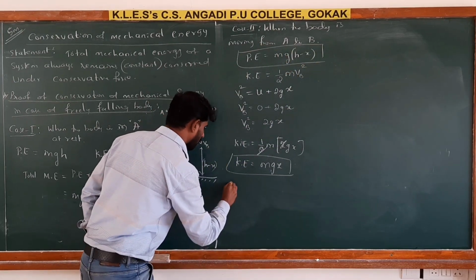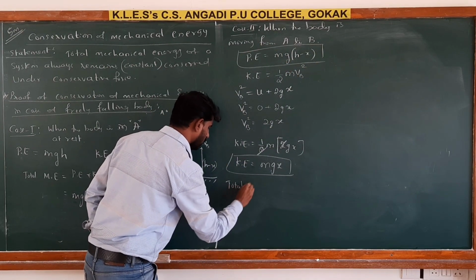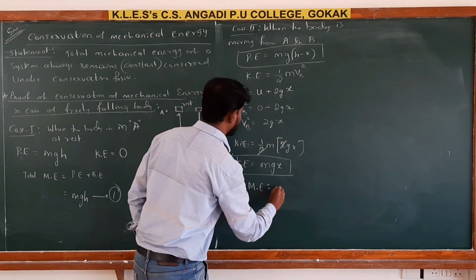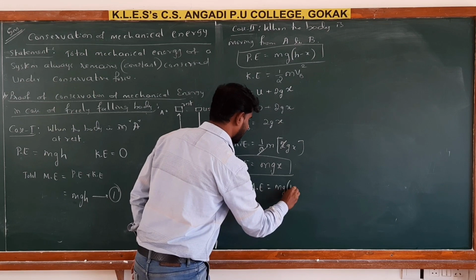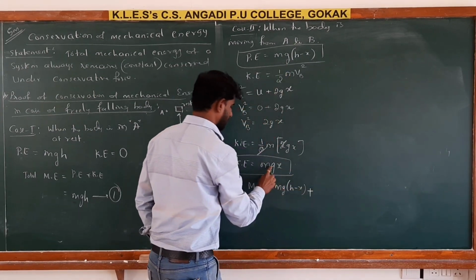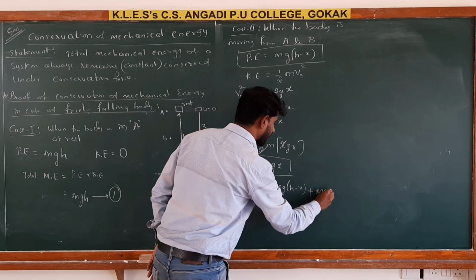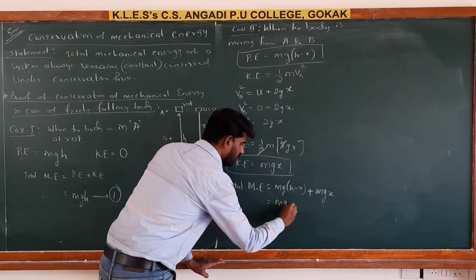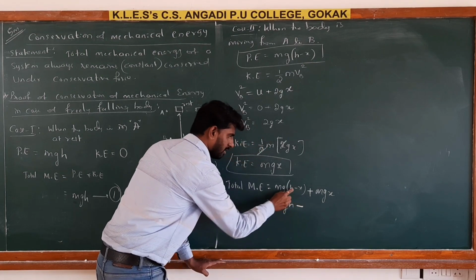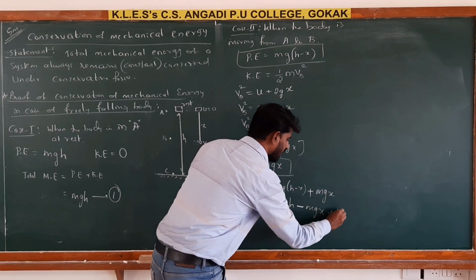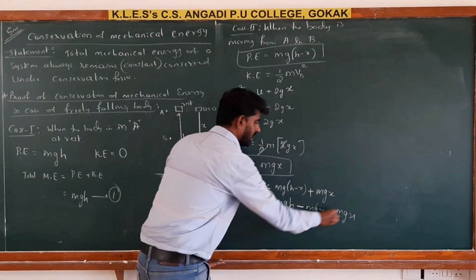Okay, so therefore the total mechanical energy is equal to the potential energy mg(h minus x) plus the kinetic energy mgx. Simplify: this becomes mgh minus mgx, plus mgx.